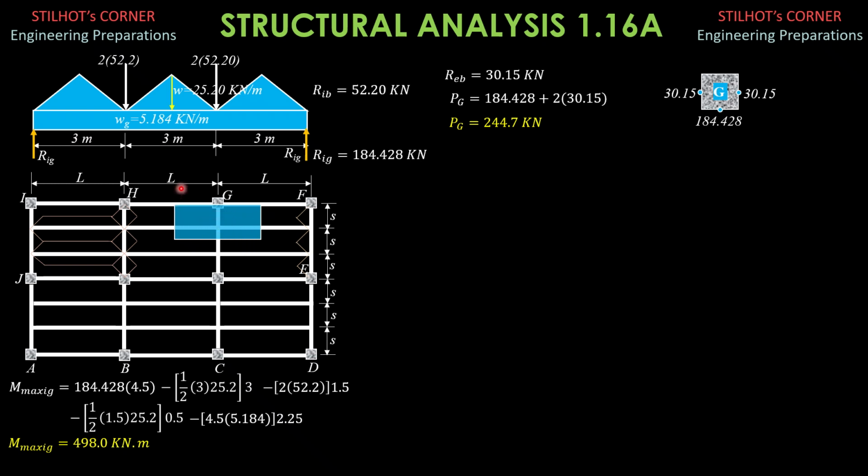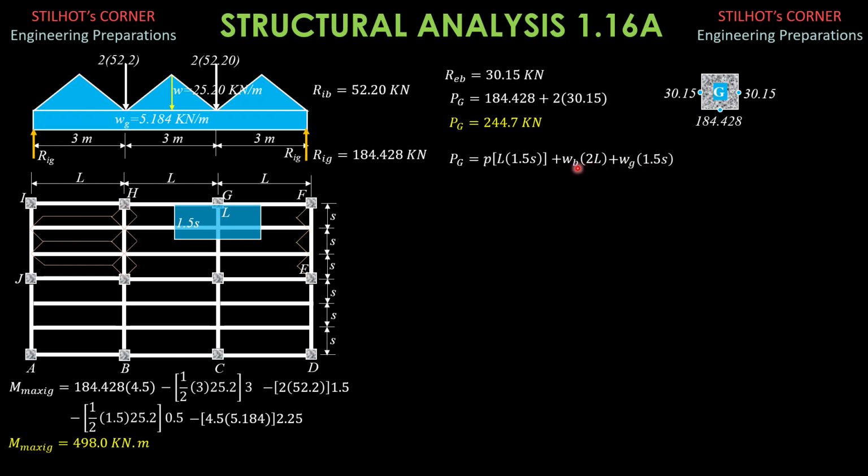If you notice, the dimension is L by 1.5 S. For the beam, there are 2 beams of length L and 1 girder of length 1.5 S. So by tributary area, it is pressure times area, which is L times 1.5 S, plus weight of beam times 2L, because that is L and another L, plus weight of girder times 1.5 S.